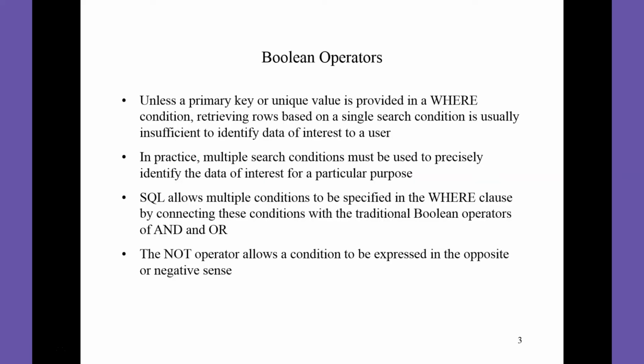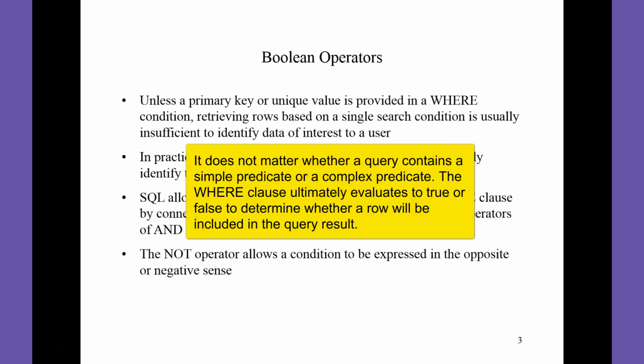So in this lecture, the notion of a complex predicate is what we'll be introducing. So regardless of whether the predicate is simple or complex, the where clause is still evaluated and ultimately produces a true or a false, which determines whether a particular row will be returned and included in the query result.